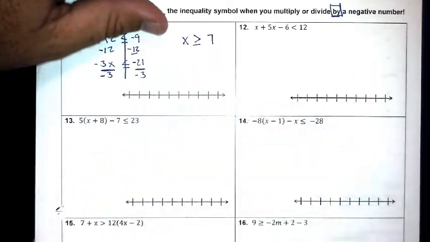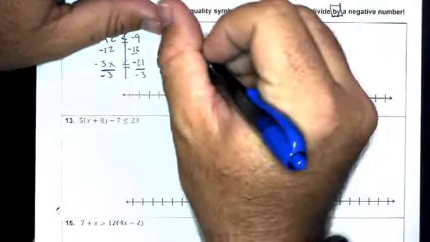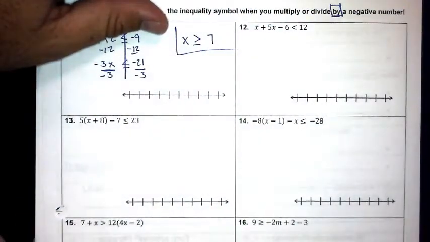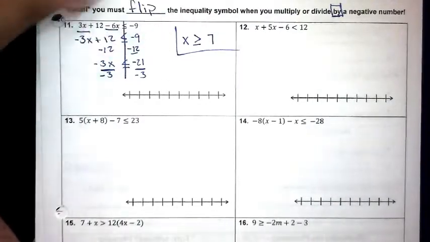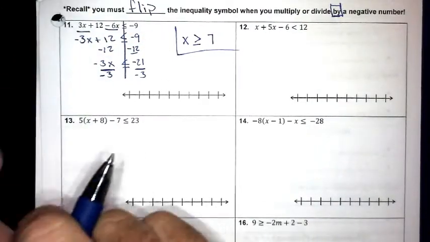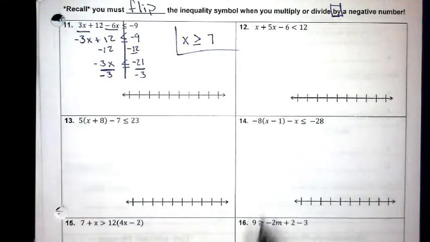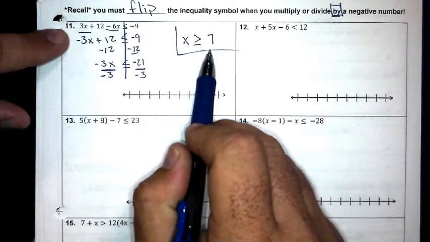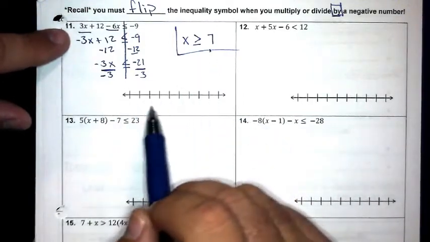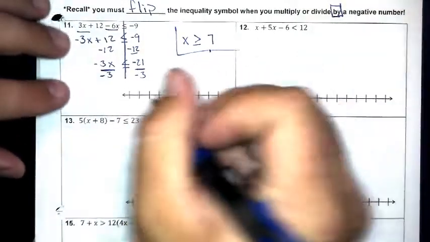Now, everyone's favorite thing to do in the entire world, graphing inequalities. Remember, graphing inequalities boils down to 3 main questions. Question number 1, where are we located? 7. I have a number line that has no numbers on it, so I'm just going to pick a spot where I want 7 to be, and that's where I'm located. Second question. Am I inclusive or non-inclusive?